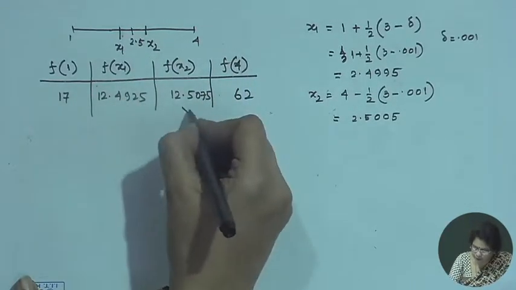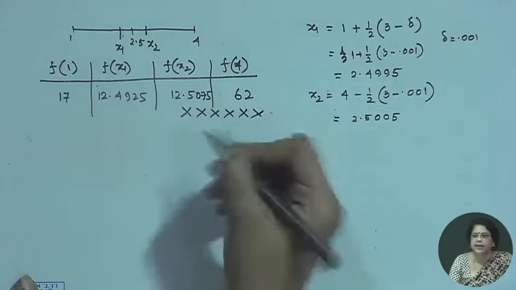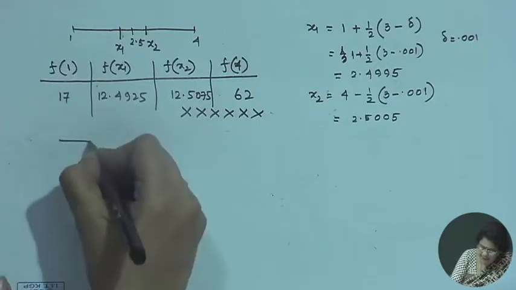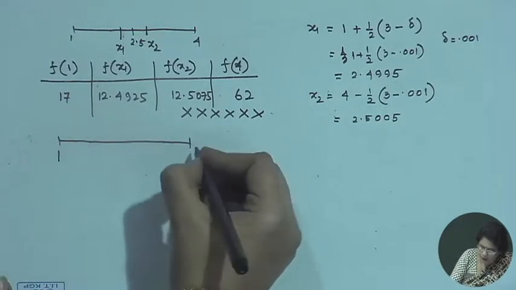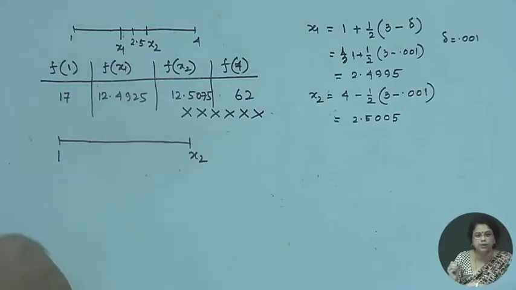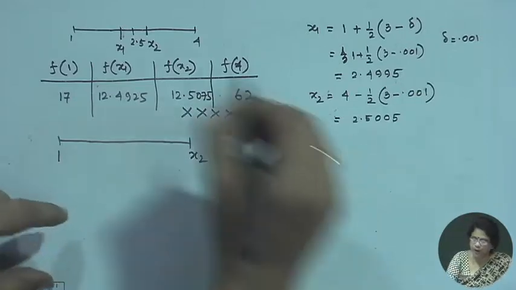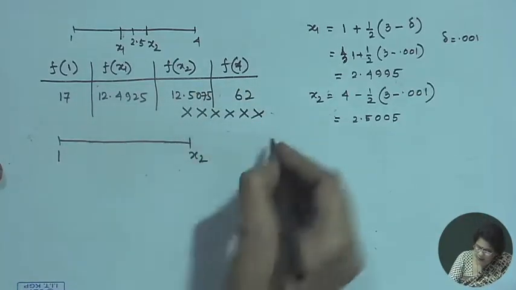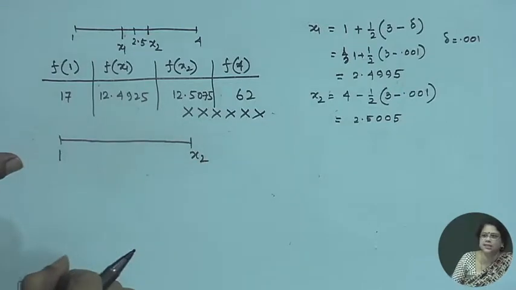That is why we will discard this interval. In the next step, we will consider the interval of uncertainty as 1 to x2, with x1 inside it.